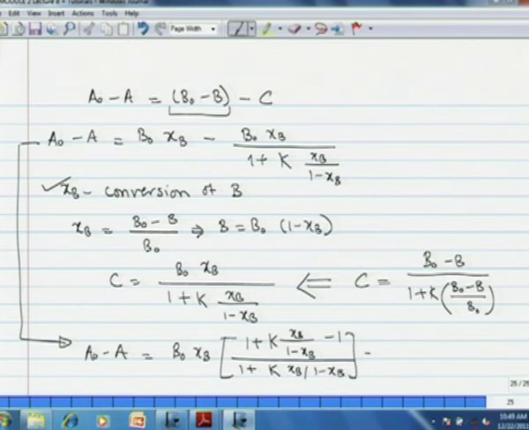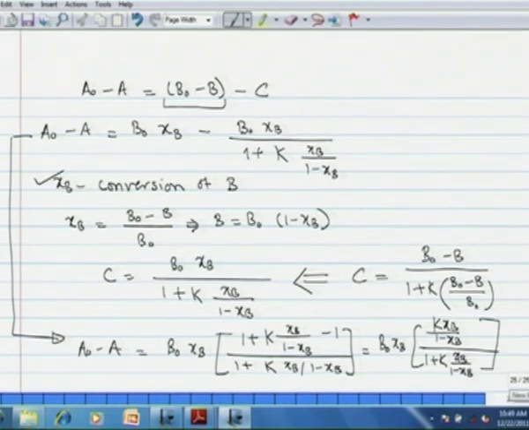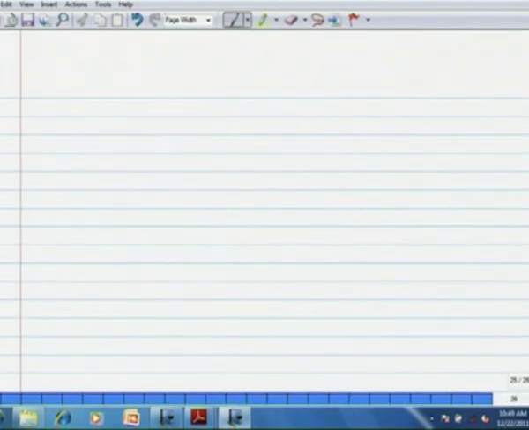And this we can further simplify as B naught into XB divided by 1 plus K into XB divided by 1 minus XB whole divided by 1 plus K into XB divided by 1 minus XB.